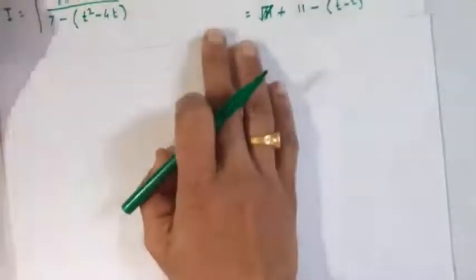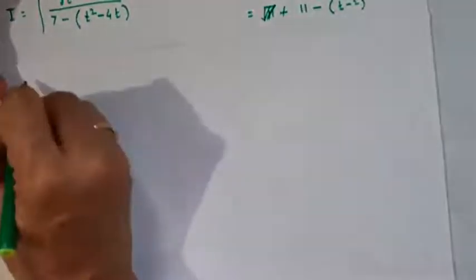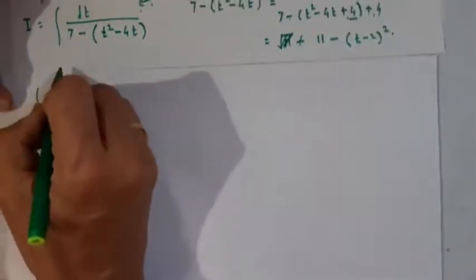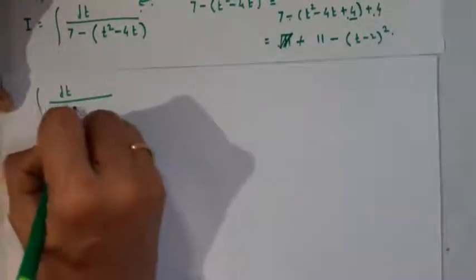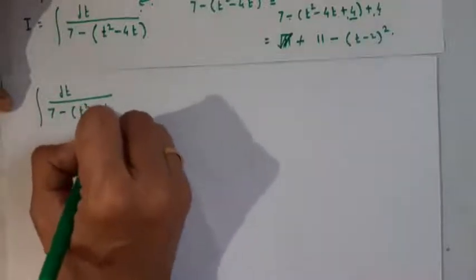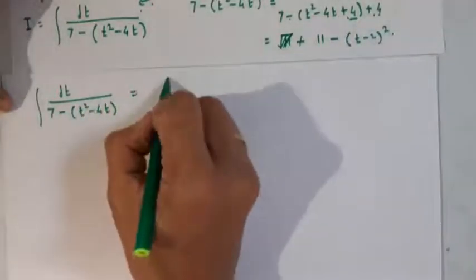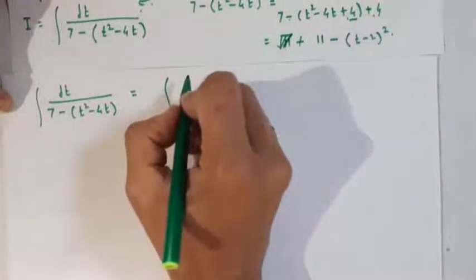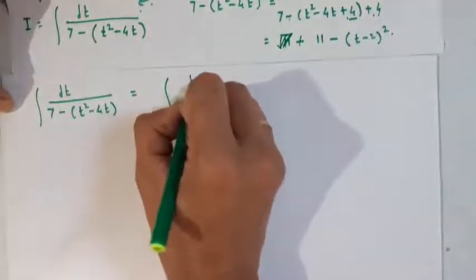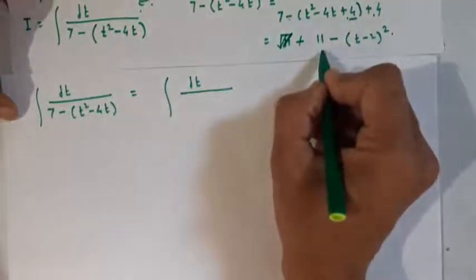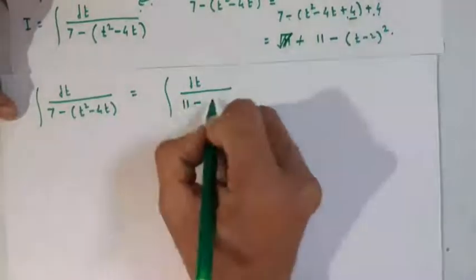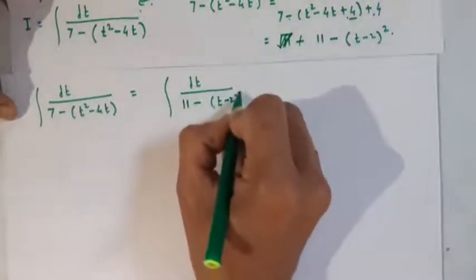Now let us simplify. The integration with respect to t of 7 minus t square minus 4t, we have adjusted like this, and it is equal to 11 minus t minus 2 whole square.